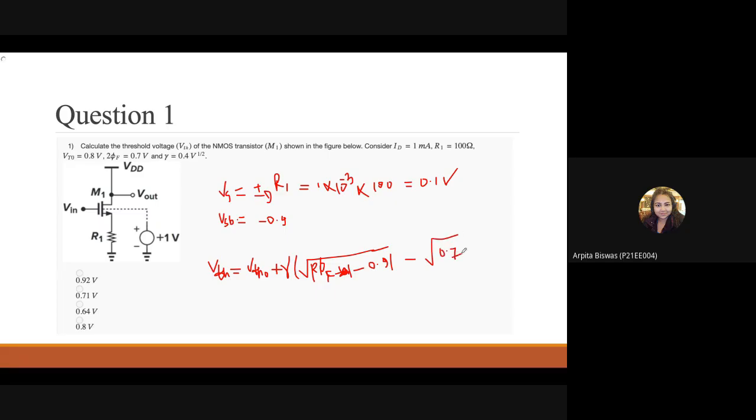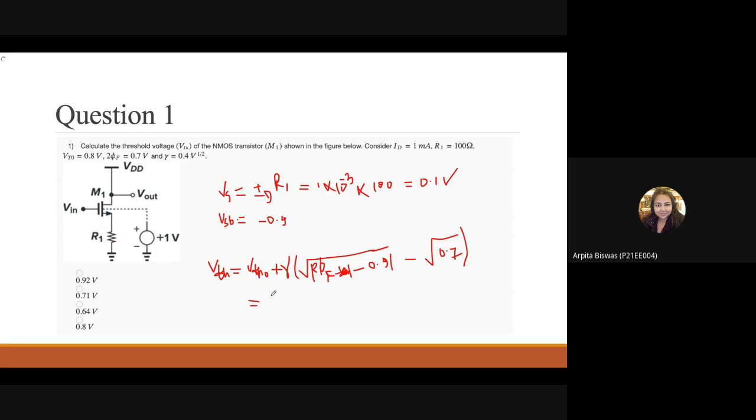Now tell me the value of this. What is the value of VTH0?